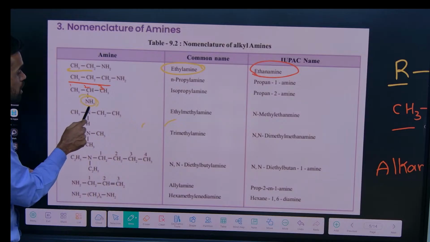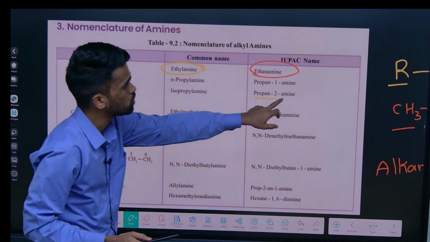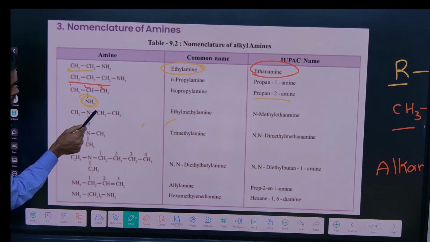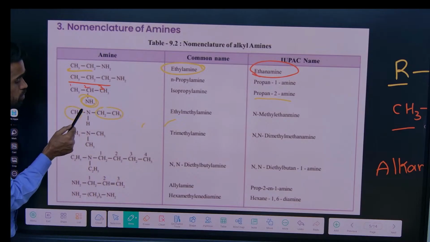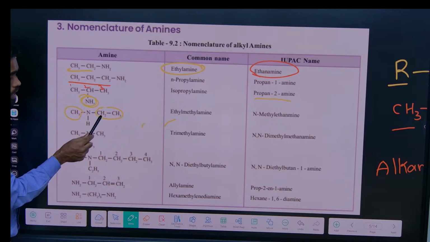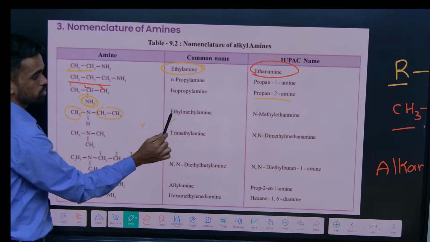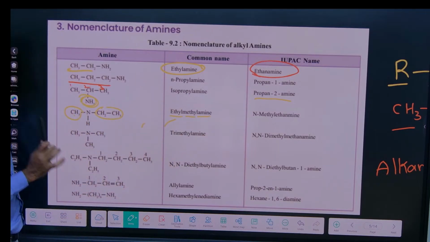At second position we have the amine group. Then next, you can see on this side of nitrogen, one side is an ethyl group, another side is a methyl group. So you should write the name in alphabetical order: ethyl, methyl, amine. Ethyl methyl amine is the common name.